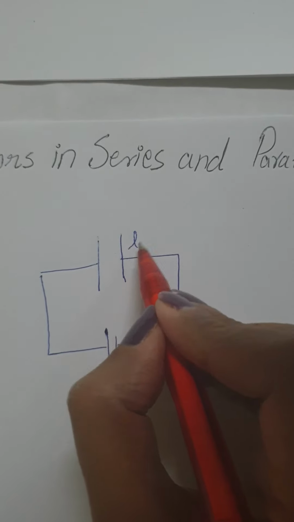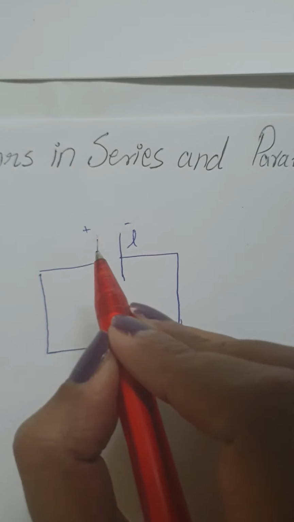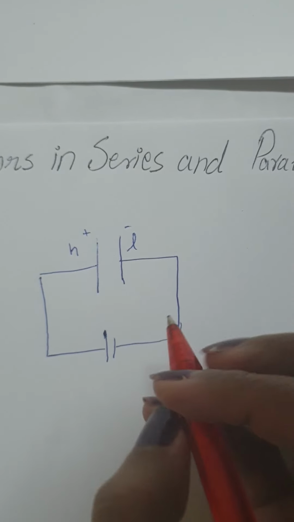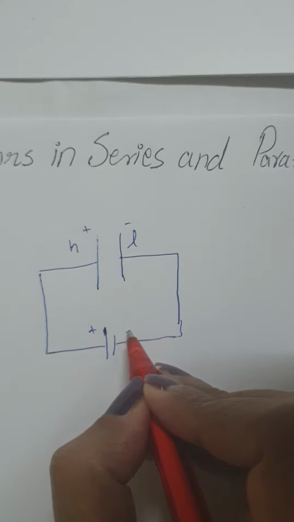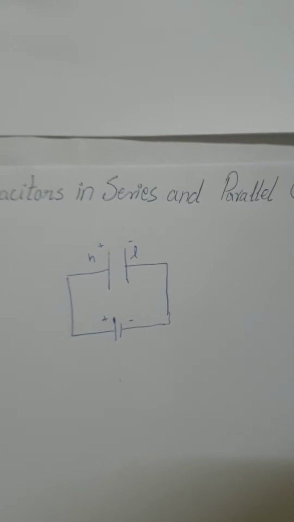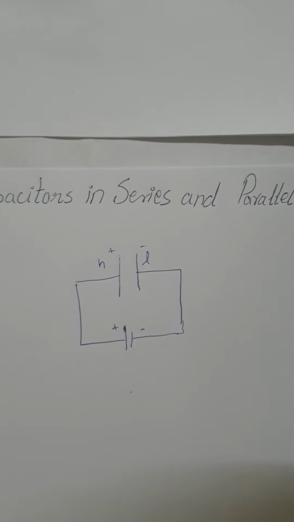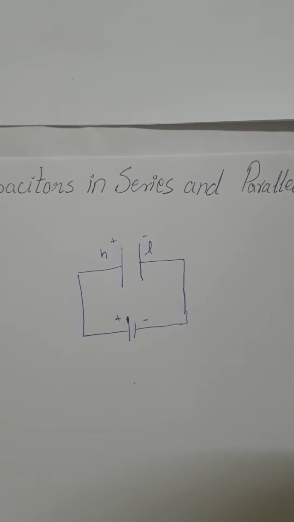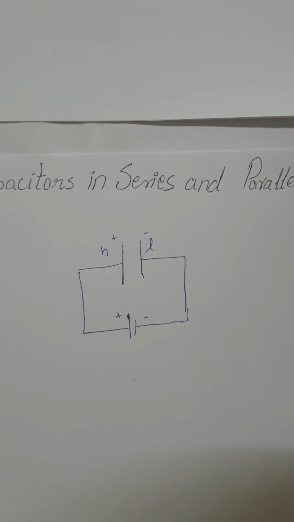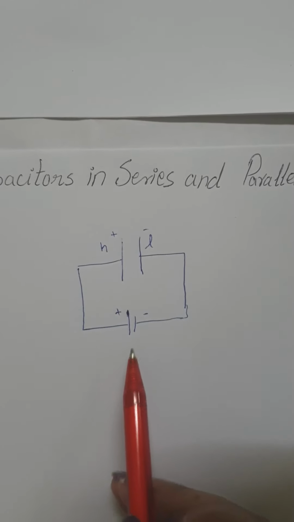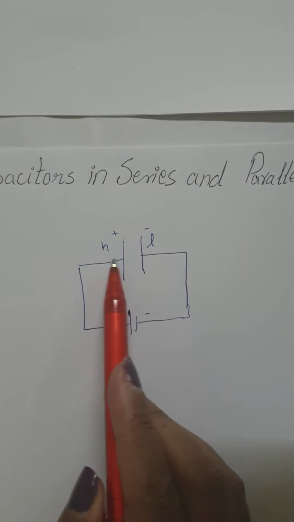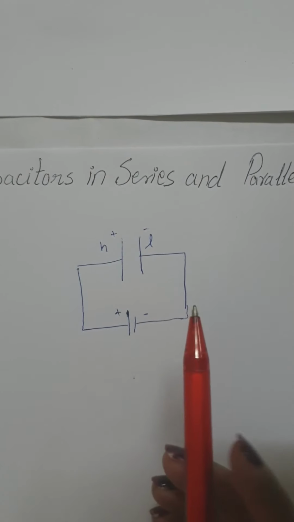This is a negative plate and a positive plate, each connected to a terminal of the battery. We discussed this before as well. The simplest way to charge a capacitor is to use a battery with proper wires, which is called a circuit.